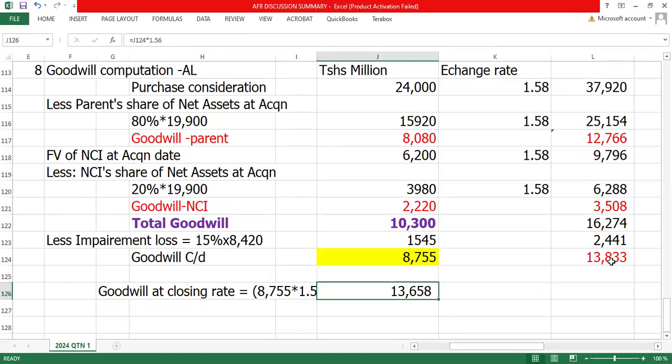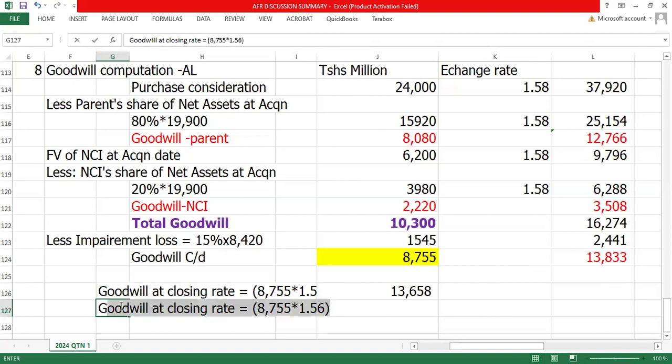But because you are getting the goodwill as this, it means that the difference between these two values is as a result of exchange rate. That is a shortcut you can use. It means that here in the exchange rate, you have a loss.